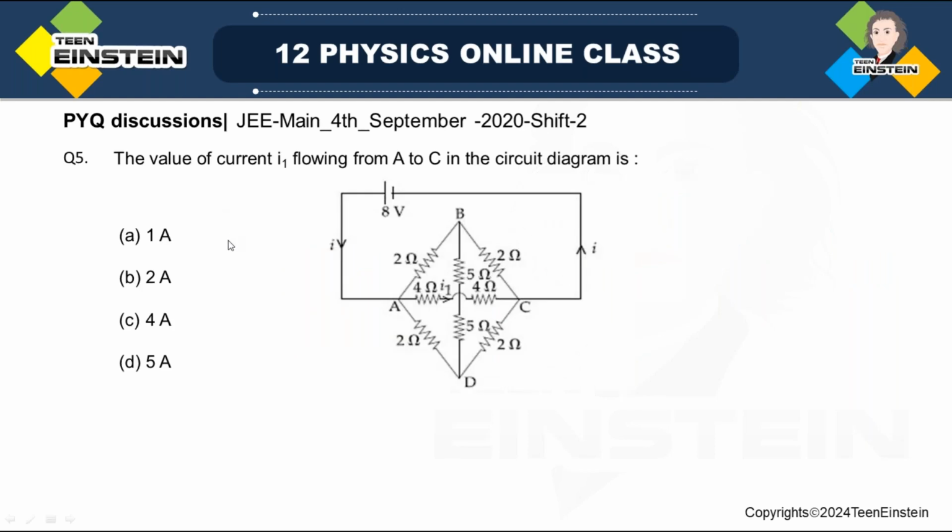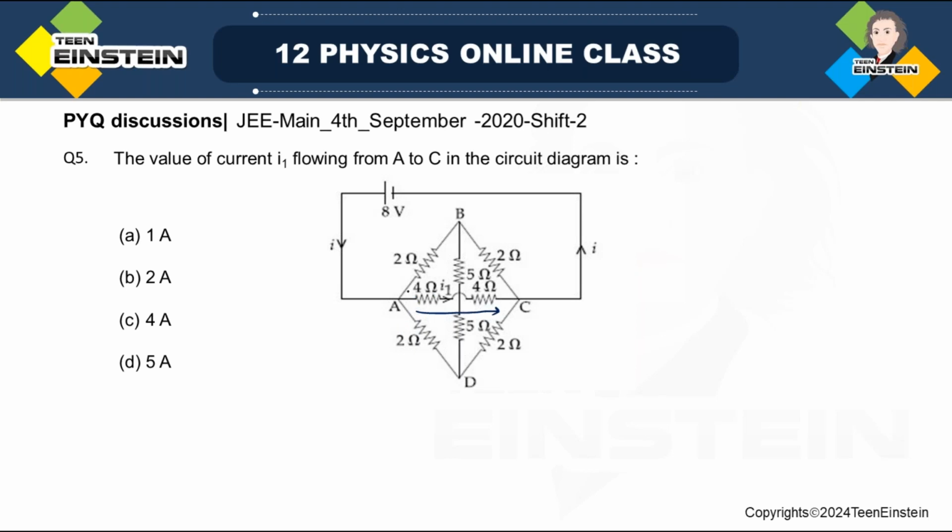Now this problem: the value of current I1 flowing from A to C in the circuit diagram. See, this is the arm A to C. Here actually we'll be able to apply the concept of Wheatstone bridge.